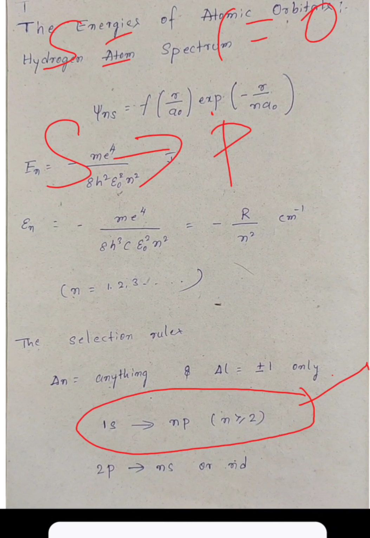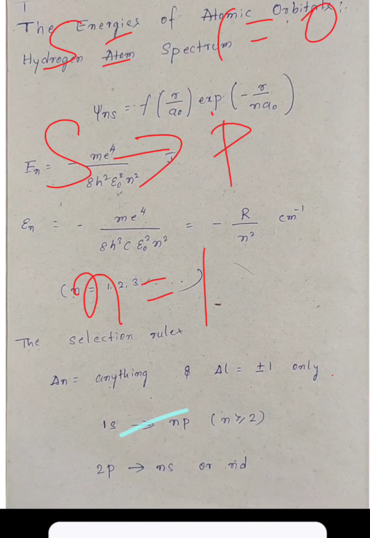Why not n is equal to 1? It is not taken in the equation because n is equal to 1 indicates the ground state. In the ground state only one shell is present, the S shell.